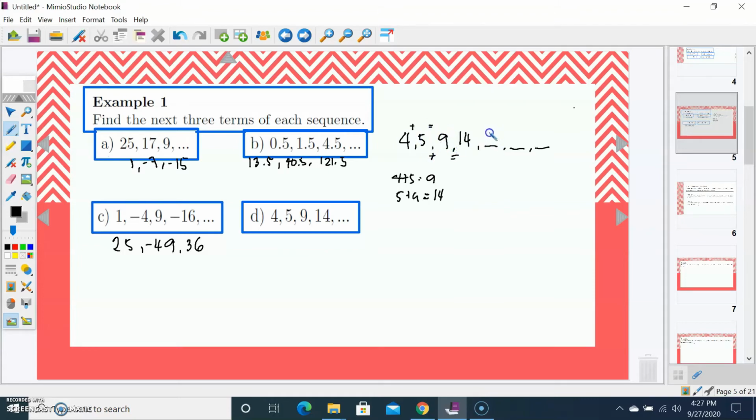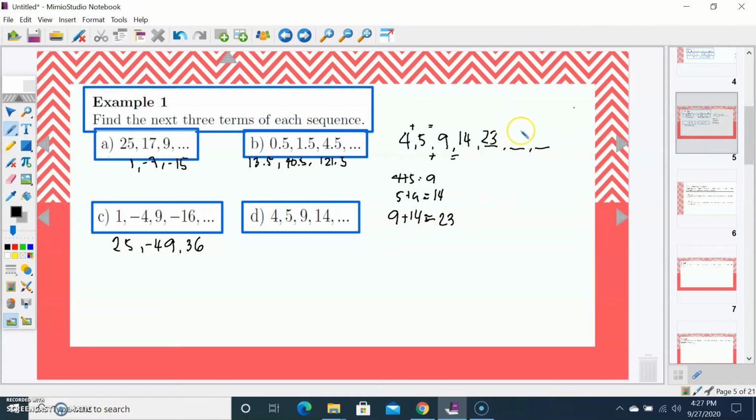So to get the next term, our fifth term, we must add the third and the fourth terms, which are 9 and 14. So what is 9 and 14? This will give us 23. So the fifth term is 23. Now, how are we going to look for the sixth term?